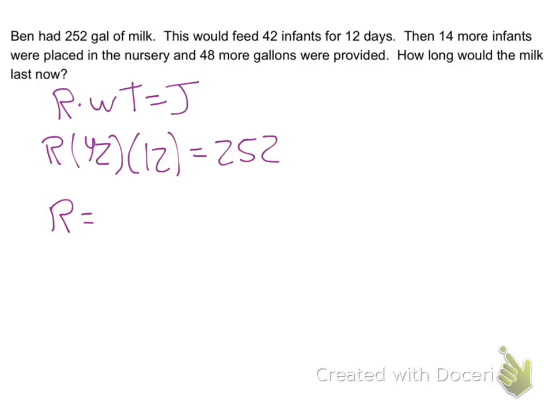Well, 42 times 12, and then divide that into 252. What's 42 times 12? 540? 542. Is that right? It's 504.